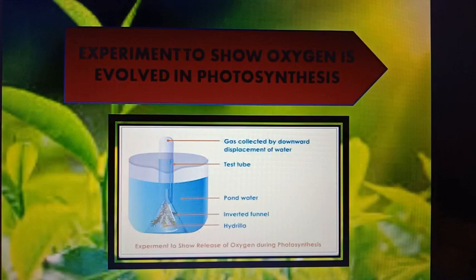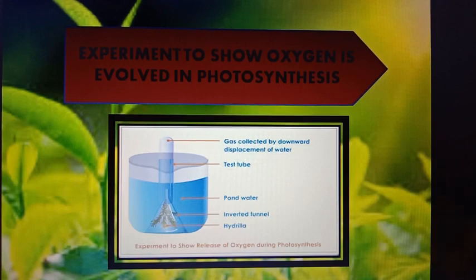Last experiment is to show oxygen is evolved in the photosynthesis process. For that, requirements are beaker, funnel, test tube, pond water and a twig of any aquatic plant, mainly Hydrilla.